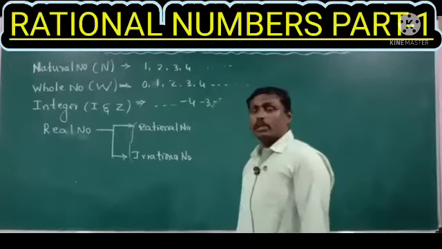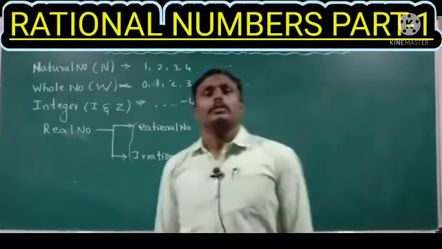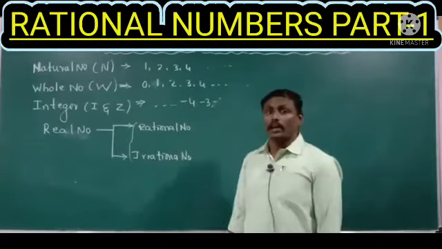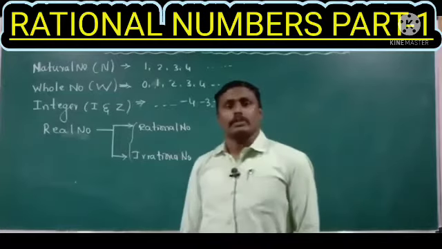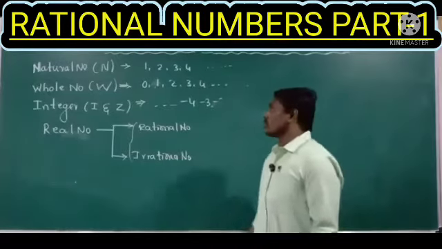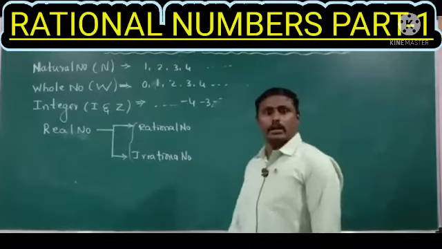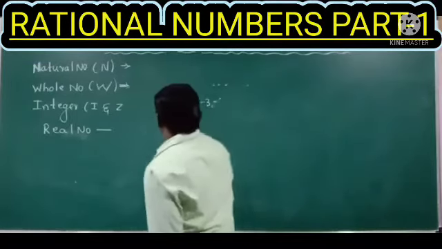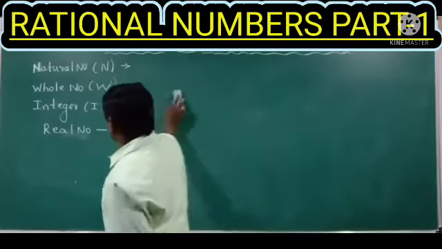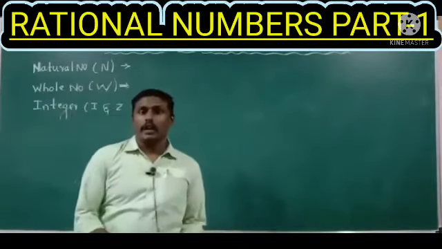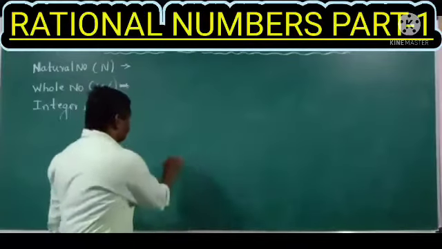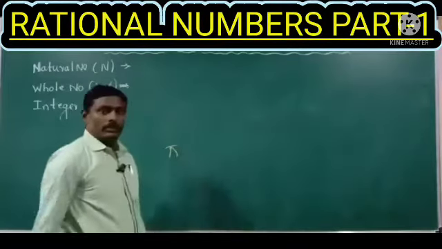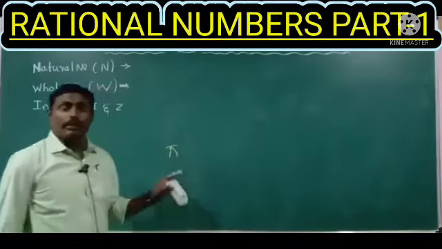Famous mathematicians like Pythagoras and Archimedes, Archimedes is a famous scientist also, introduced the concept of irrational numbers, and later Archimedes found the value of pi.